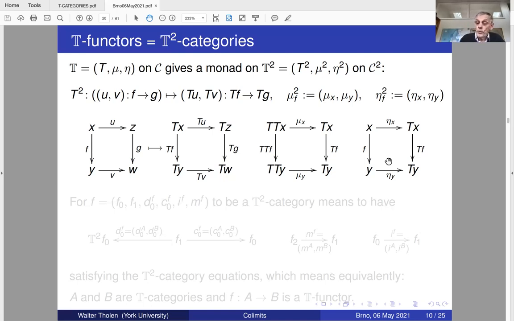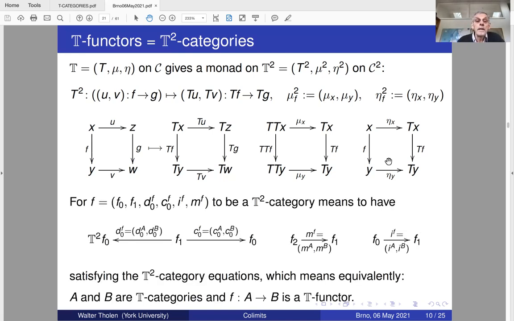Now, if you want to know what a T squared category is, well, a T squared category would consist of two objects in the squared category with a domain and a codomain morphism, each of which has two components. And the same is true for the structural components here.